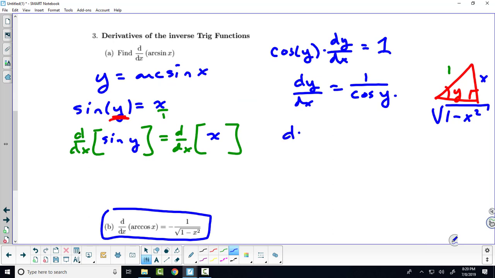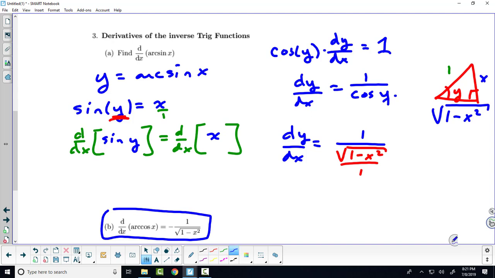So then that gives me that dy dx is equal to 1 over, what is the cosine of this triangle I just drew? The cosine is the adjacent over the hypotenuse, right? So it's 1 over the cosine of this triangle, which is the square root of 1 minus x squared all over 1, right?